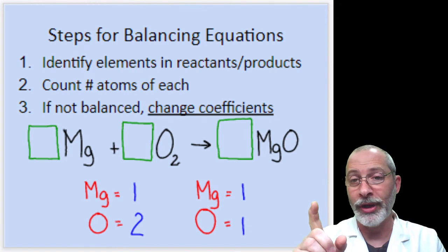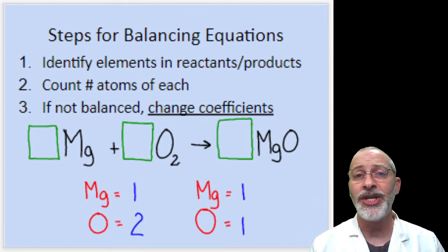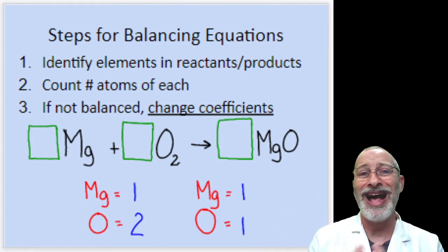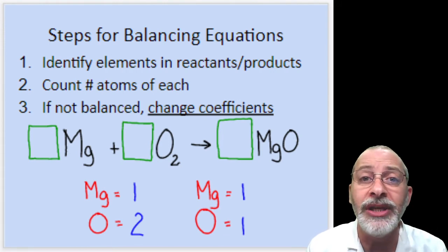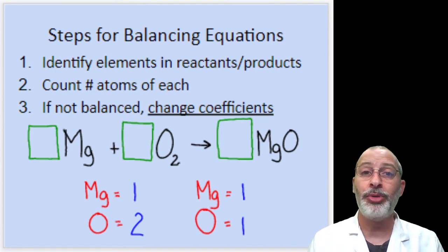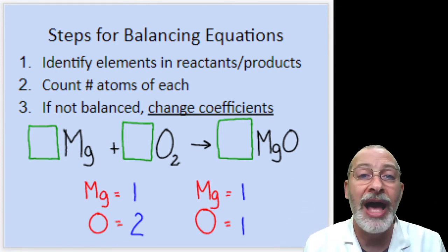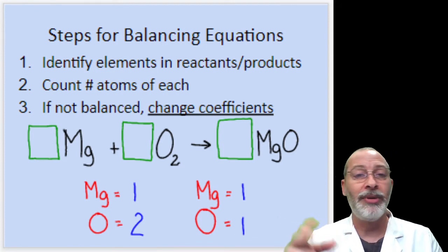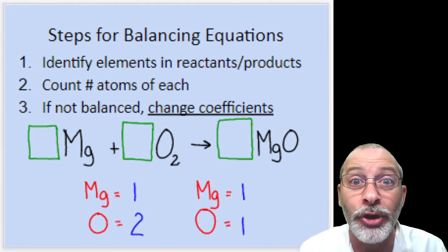Very important point. By changing coefficients, what you're essentially doing is changing the proportions. Let me use an analogy to help you out. Let's say you're baking chocolate chip cookies in the oven. Before you bake those cookies, you have to put certain ingredients together. Maybe it's a cup of flour, a half a cup of sugar, some oil, a couple eggs, whatever. And don't forget the chocolate chips, for goodness sakes.